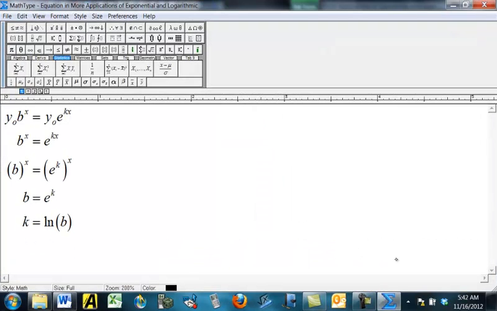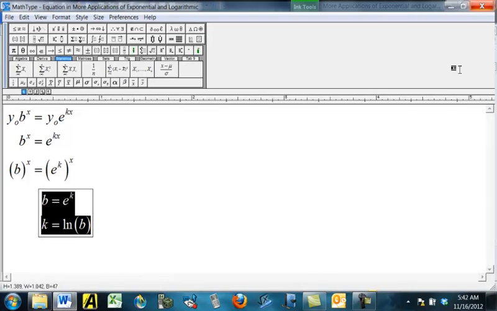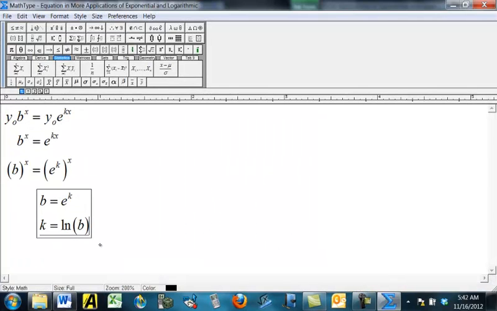So those last two things there are pretty important. They tell us the relationship between b and k. And of course we can go a step farther. k is the natural log of b, and b, remember, is also 1 plus r. So that's also e to the k.